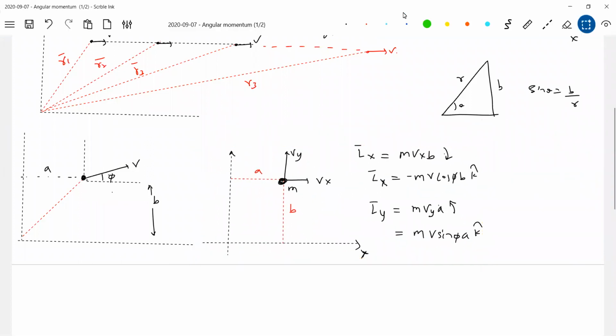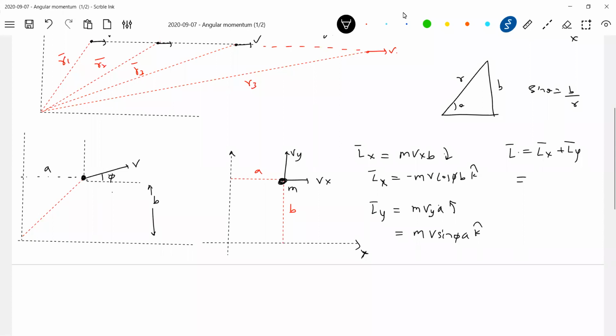Yeah. So the resultant angular momentum is L bar equal to Lx bar plus Ly bar. If you get a situation like this, or else what you should do is define the position vector, solve it, and you'll get the same answer. Almost what I did is the same answer here. So here R bar, what is R bar equal to? A i cap plus B j cap. Then define the velocity vector, take that one.